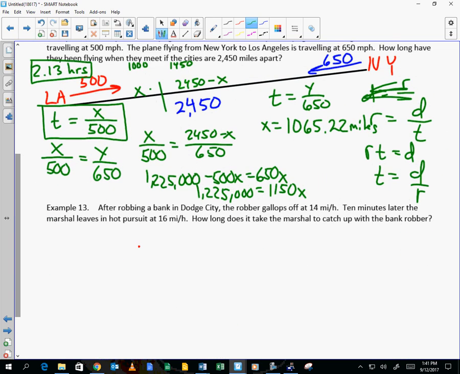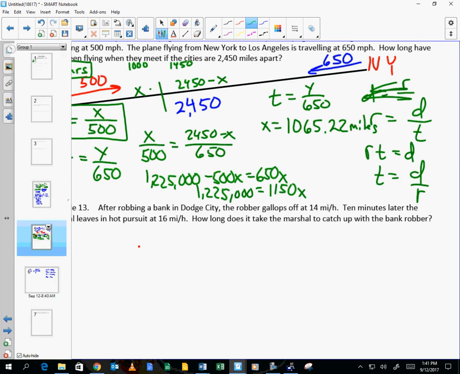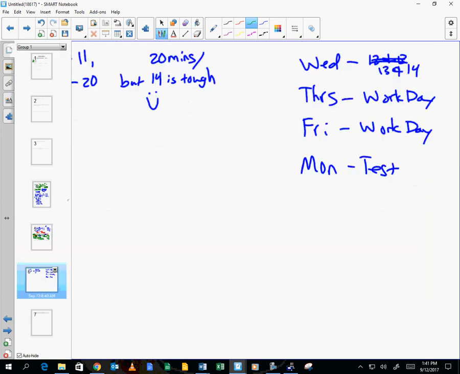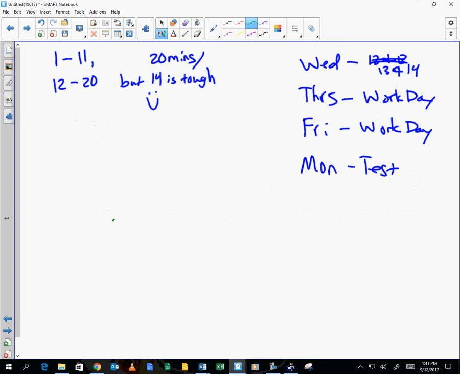Right here. So, here's the schedule for the rest of the few days. Okay? First of all, 12 through 20 is what you can start working on now. 14 is tough. 14 is the only problem that I haven't modeled for you. So the question is, what if you encounter a word problem that somebody hasn't shown you directly how to set up?